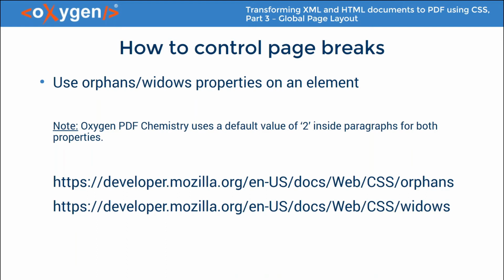I did not set other values for these specific properties, but Oxygen PDF Chemistry already uses a value of 2 for each of the orphans and widows properties for paragraphs, and I will show you how this looks in my document.